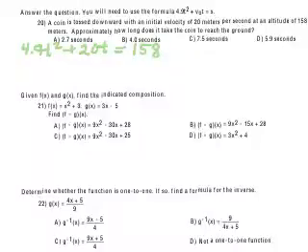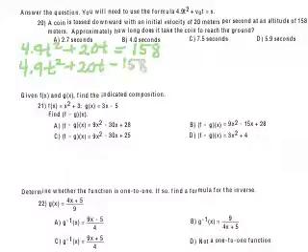Okay, now we've got to get the whole thing equaling 0 so we can use the quadratic formula, right? So we'll add a negative 158 to both sides, which gives us 4.9t squared plus 20t minus 158 equals 0.